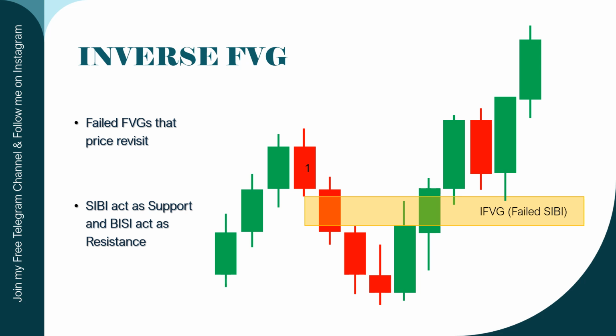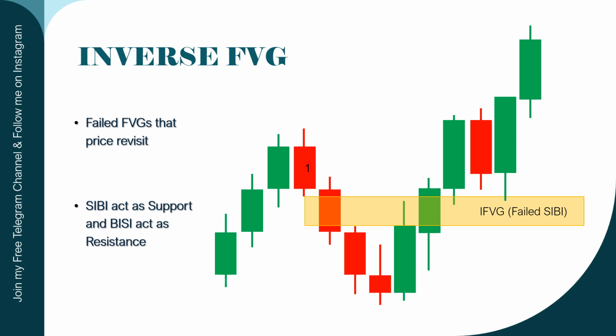Normally, a SIBI reacts as a resistance because you are expecting the market to go to the downside. But the price will just move into that fair value gap aggressively, take it out. This is how you know that this is no longer a SIBI.